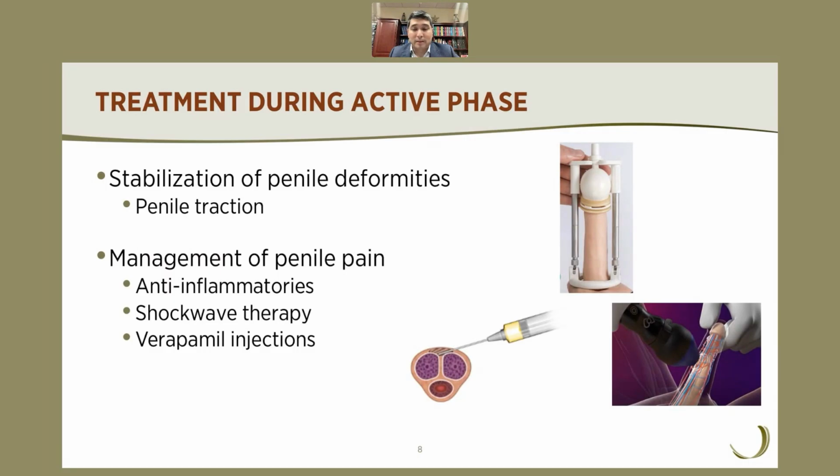So if a patient comes in with a mild curvature, we don't want to just observe that and find out a year later that the curve is now a 90-degree curve and they can't have any penetrative sex. So penile traction is a good option to help stretch against that scar tissue, help prevent that curve from worsening, and on average can actually improve curvature about 30%.